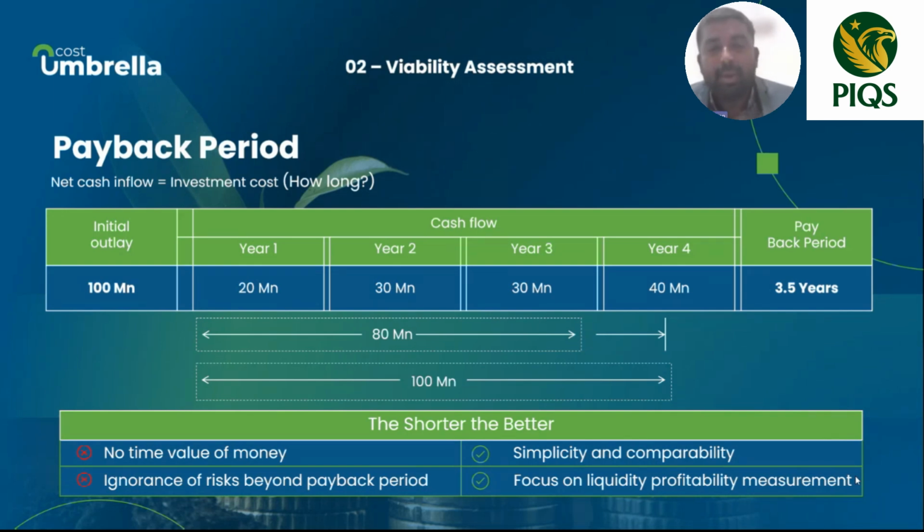It focused on liquidity but ignored profitability and the risk beyond the payback period. I think you got the meaning of what I'm trying to say here, right? The project with a lesser payback period may be the lesser profit one. Or in other words, a higher payback period means it may take too much time to get the real benefit, but once it started, it gives you more benefit, right?